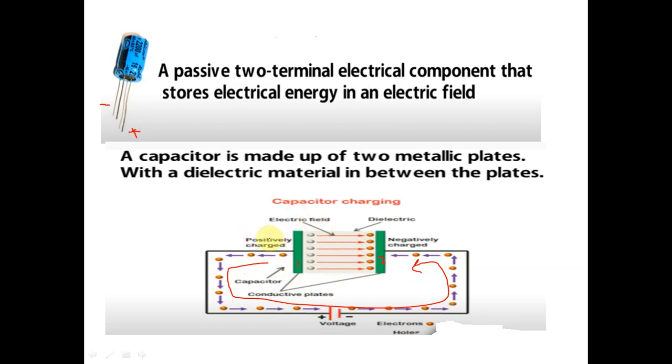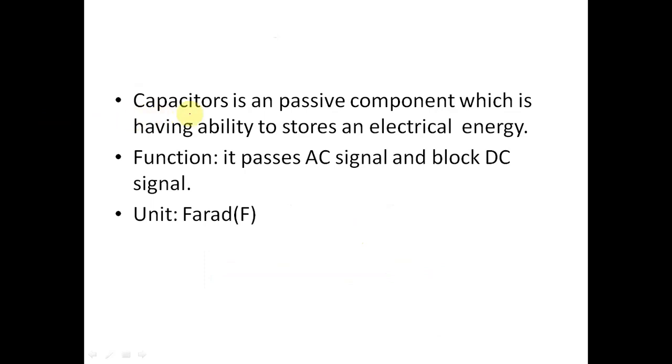This side is the positive charge side and this side is the negative charge side. A capacitor is a passive component which has the ability to store electrical energy. Remember it.